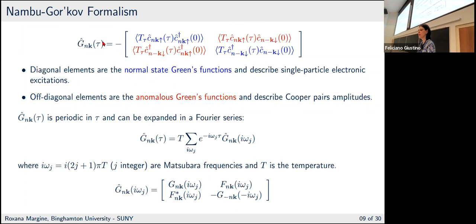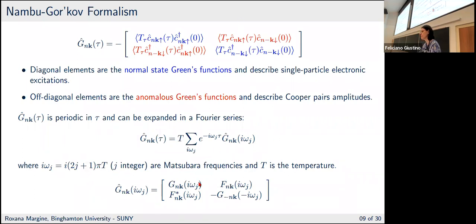Now, it is more convenient to move from tau to imaginary frequencies. This can be done remembering that this function is periodic in tau, and we can express it in a Fourier series in the following form, where the i omega j are called Matsubara frequencies. They have this expression, where T is the temperature and j is an integer.